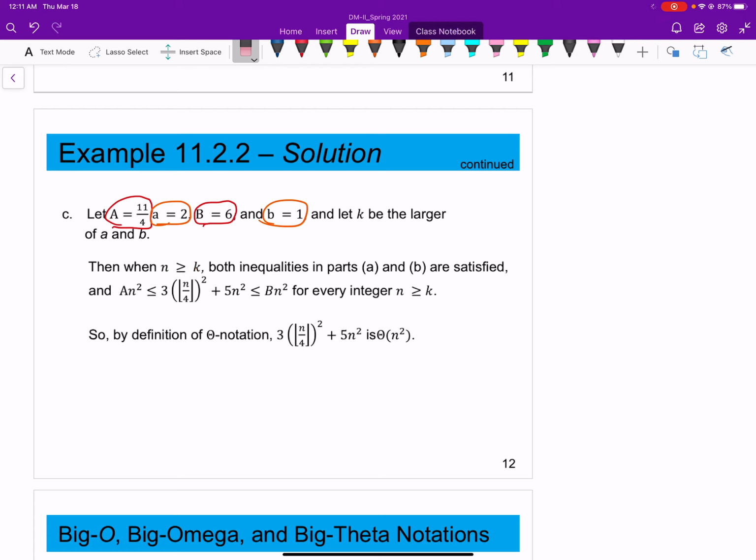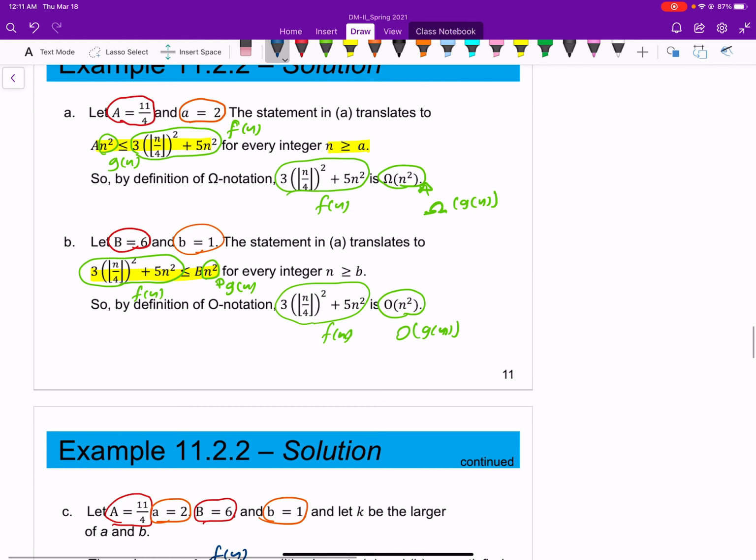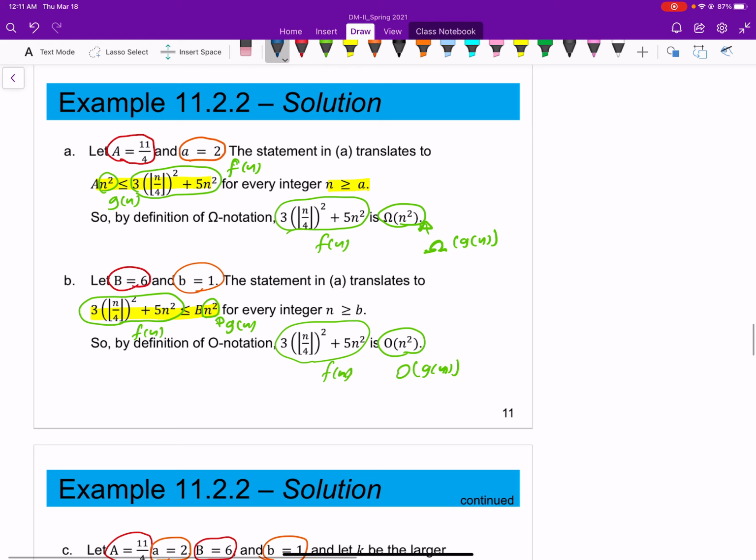And then you could write the given expression like this. This is your g of n, and this is your f of n. And then this k, take k to be 2, because previous time in one case it was 2, in the other case it was 1.